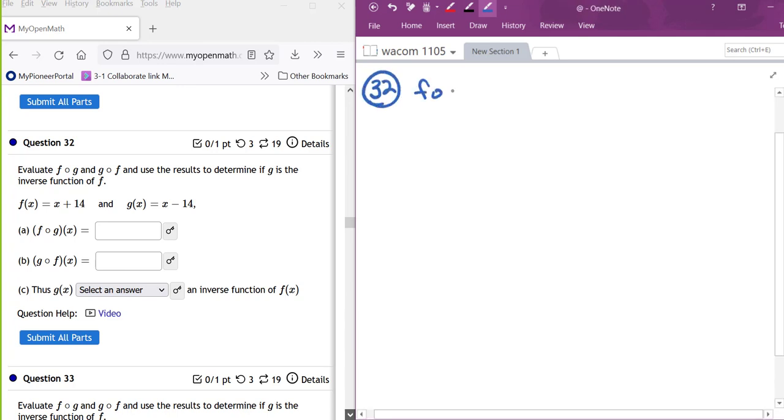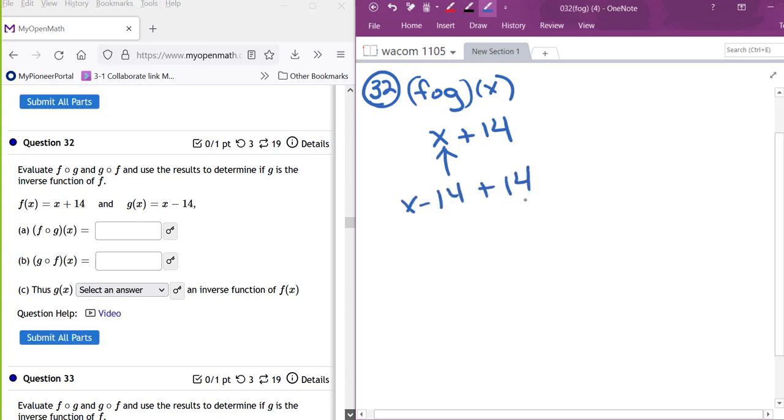All right, so f of g of x says put g inside f. So if we have f to start, I'm going to put g inside it. So inside the x, the whole g. x minus 14 plus 14. All right, and we clean up, and this is out, and the answer to that one is x. All right, so this one is probably going to work.